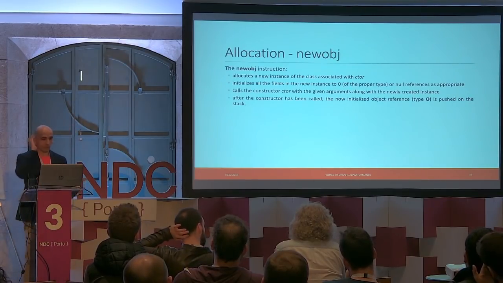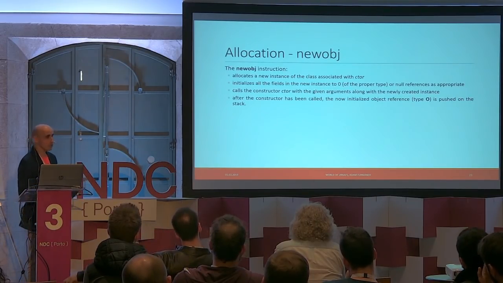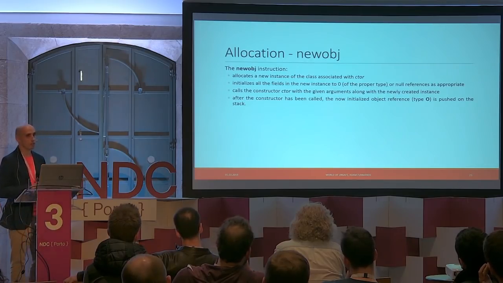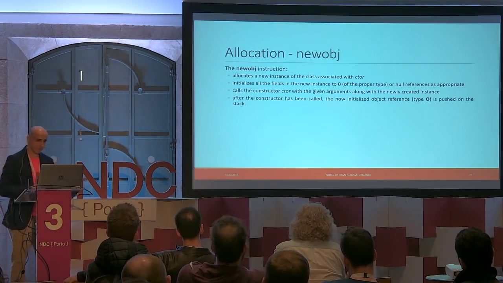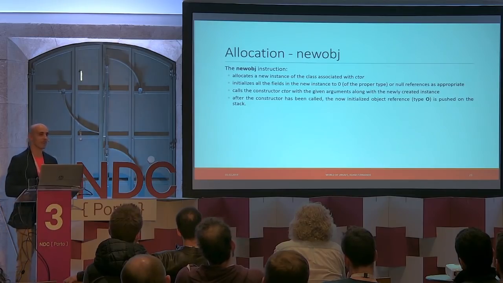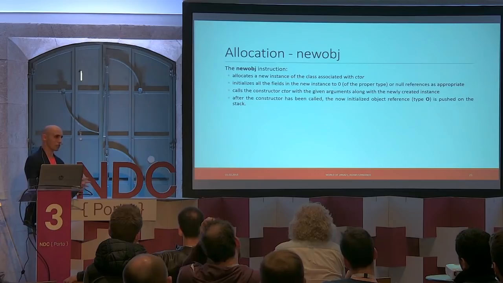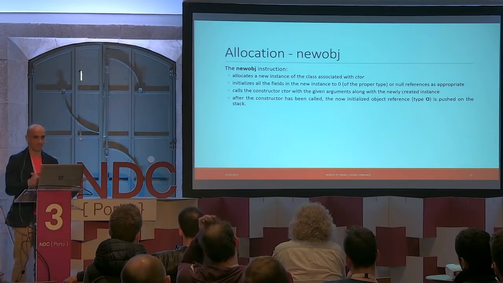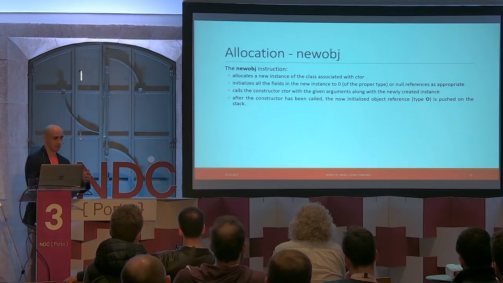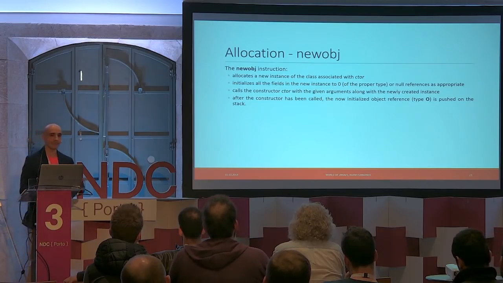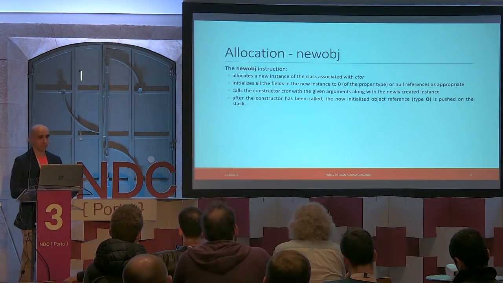When you go to the documentation, you can see that newobj, which is the instruction called by the new operator in C#, allocates a new instance of the class associated with the constructor. Constructor here is actually a type handle which we pass. So we pass the type describing what we want to allocate, and then it's used to create the object and call its constructor.